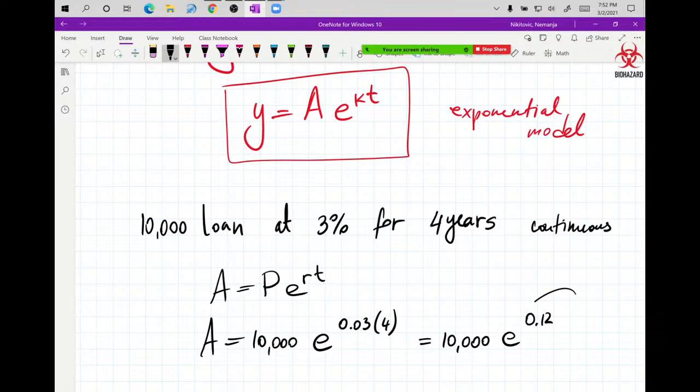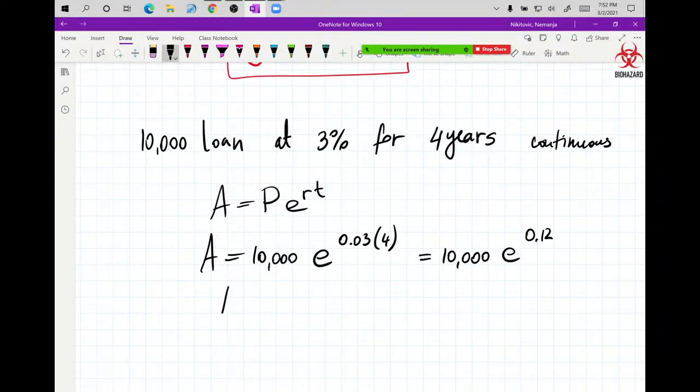If not, you will obviously compute this first and then multiply by 10,000. So 0.12. I'm getting that the amount you owe back is $11,274.97. That's the money you owe back.